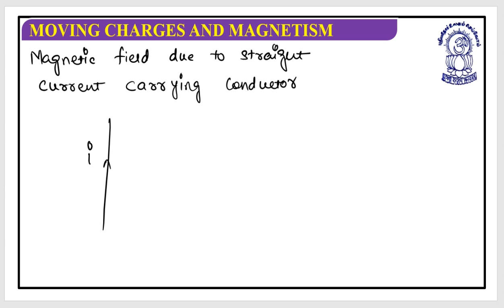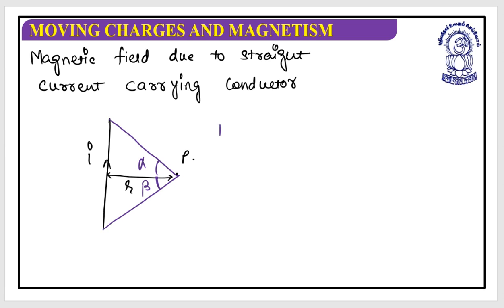Let's suppose this is current conductor I, and here is the point where the magnetic field is required. The separation is R. We make a line at the end point of this wire, make an angle, and a second line at the other end point of the wire. Let's suppose this is alpha and this is beta.